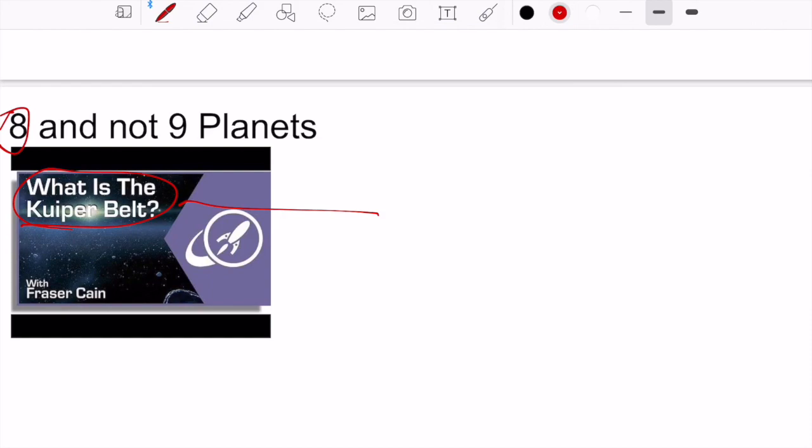What is the Kuiper belt? It's a huge swarming mass of icy objects. They're not totally spherical, and they are all beyond Neptune. So, icy objects that are orbiting around the Sun, the solar system. Sorry, yeah, beyond Neptune.